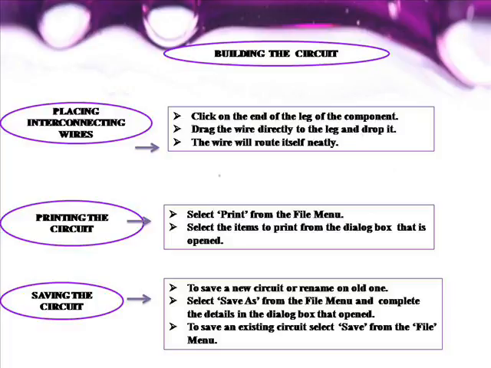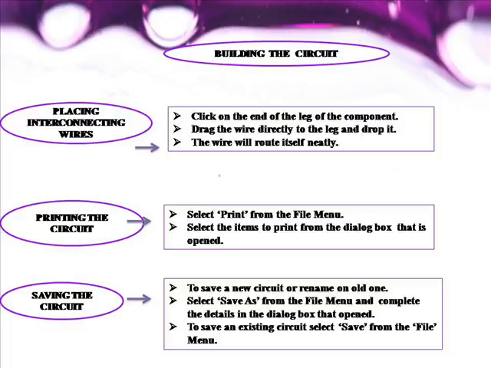Building the circuit. Placing interconnecting wires. Click on the end of the leg of the component, drag the wire directly to the leg and drop it. The wire will route itself neatly. Printing the circuit. Select Print from the File menu and select the items to print from the dialog box that opens. Saving the circuit.